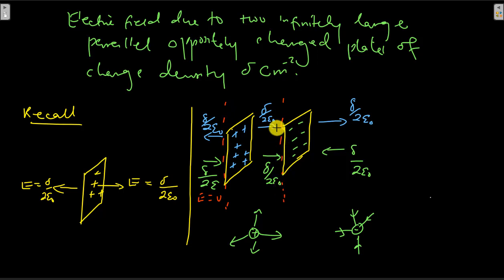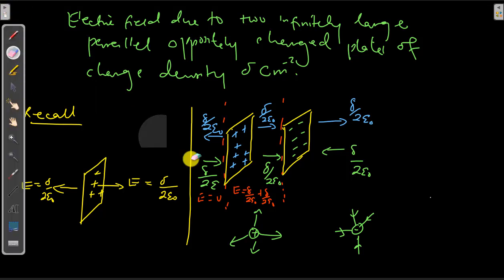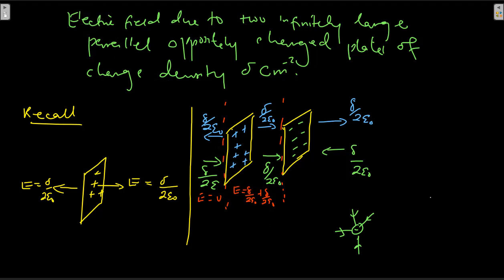In between the plates, we have sigma over 2 epsilon naught plus sigma over 2 epsilon naught, because they are in the same direction. So perhaps I can take off this, it's not important here. So we have our resultant electric field intensity in this region as sigma over epsilon naught.